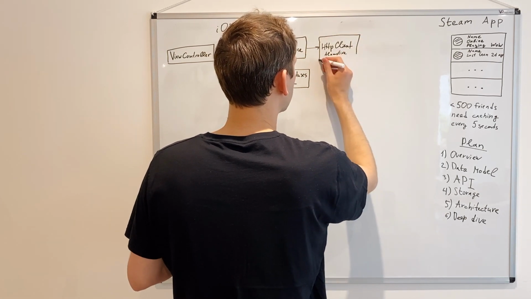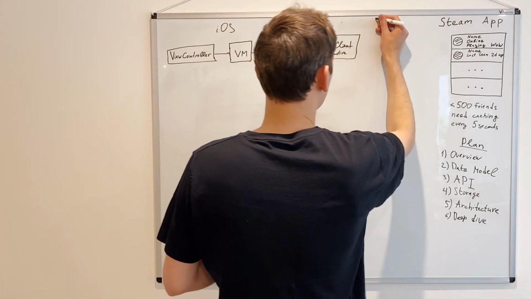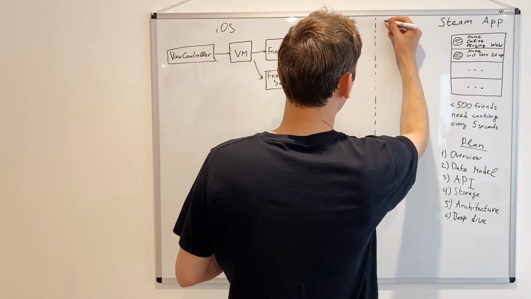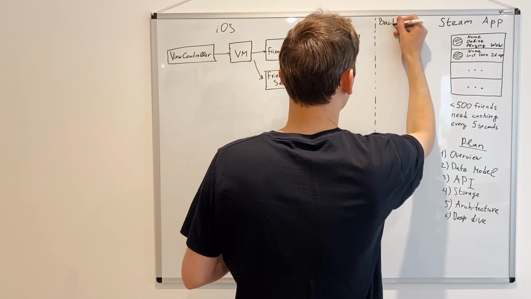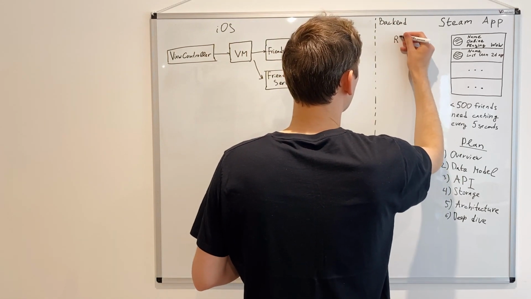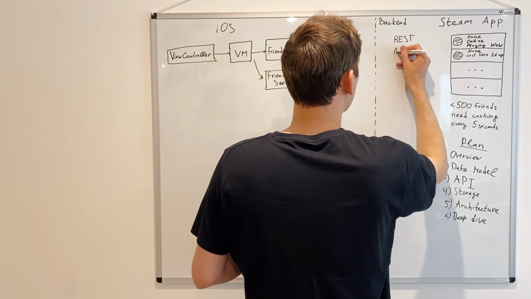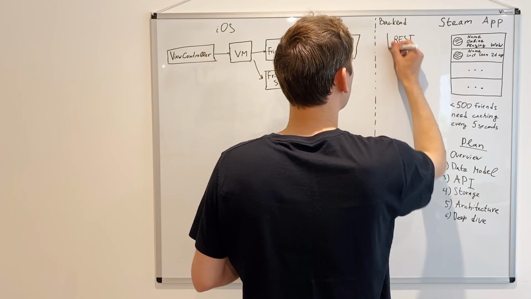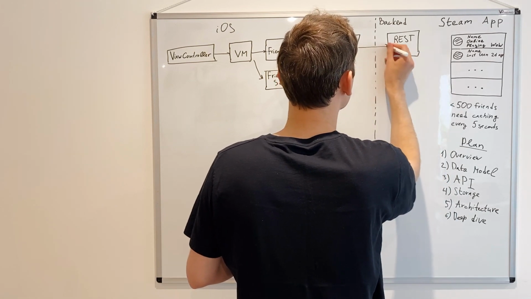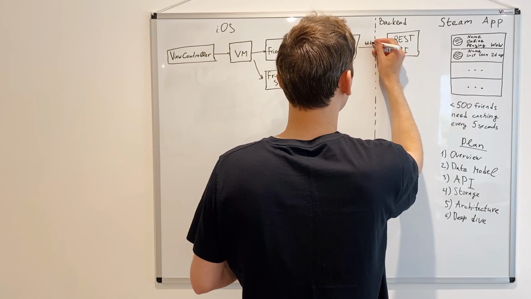So here is the HTTP client, and here we'll have our backend, and on the backend side we'll have a REST API. So our client would be doing requests here, and the protocol would be HTTP.